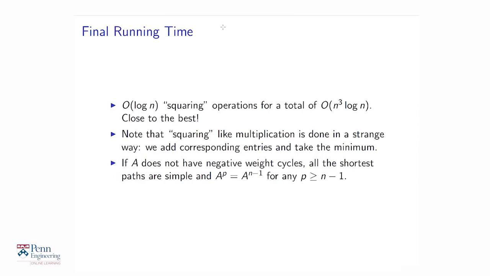If there are no negative weight cycles, then the shortest path of length p for any p greater than or equal to n minus 1 is also going to be the shortest path of length n minus 1, because all shortest paths will be simple. So if you allow a path of length at most p, that path will actually be of length at most n minus 1, because it's simple.